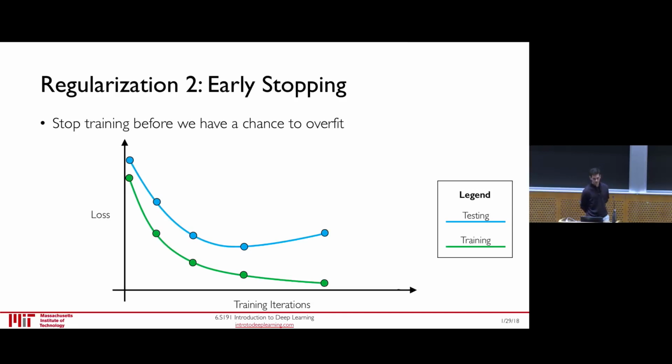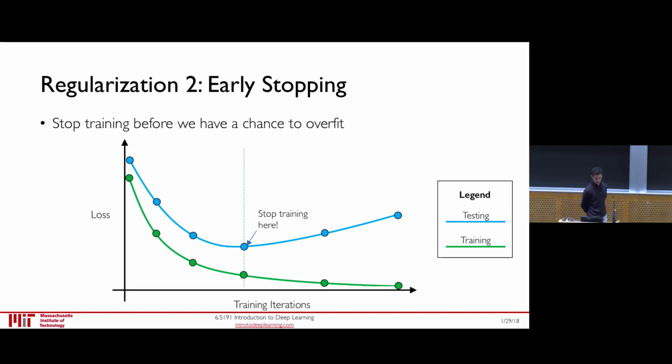If we look a little further, the training data set loss will always continue to go down as long as our model has the capacity to learn and memorize some of that data. But that doesn't mean that it's actually generalizing well, because we can see that the testing data set loss has actually started to increase. This pattern continues for the rest of training, but I want to focus on this point here.